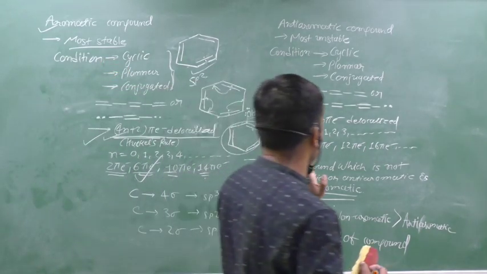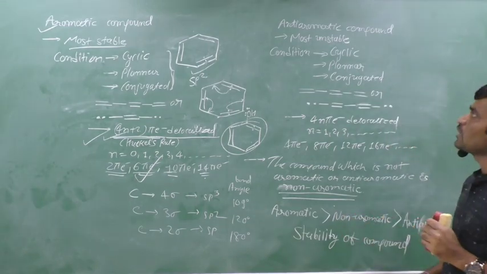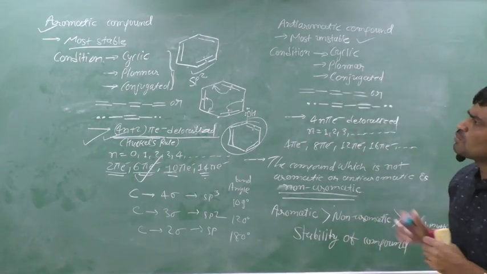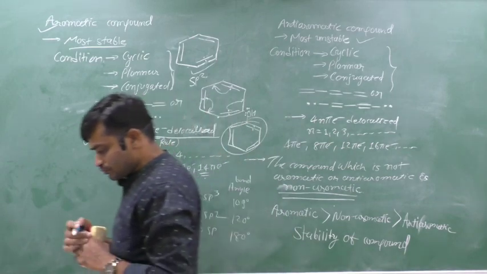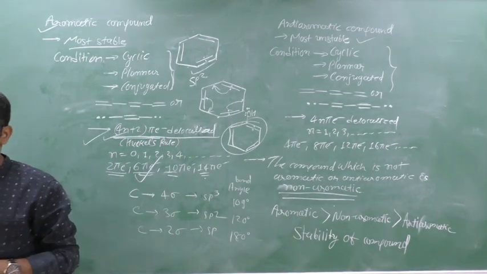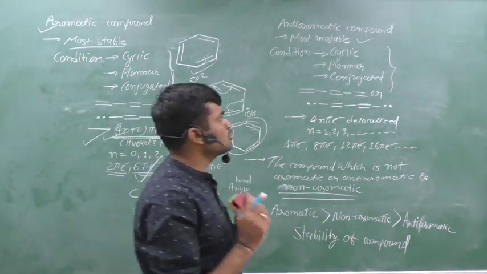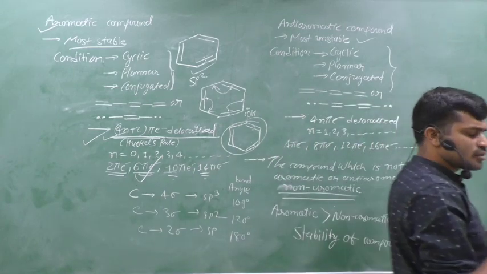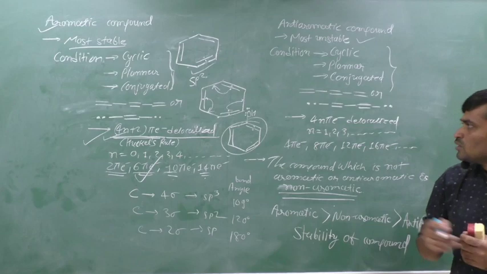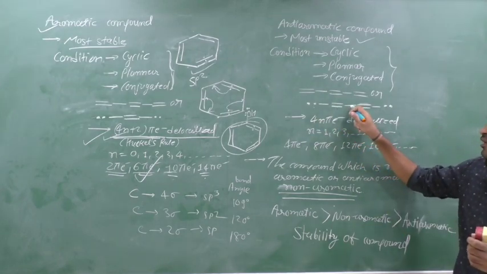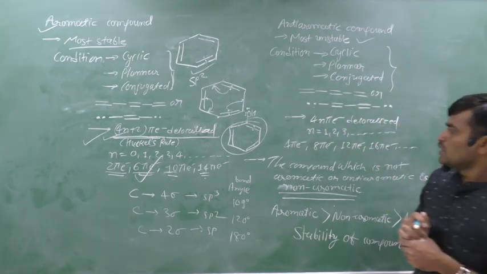Now if we think about anti-aromatic compounds, it is the most unstable, the least stable compound. The first three conditions are as they are: cyclic, planar, conjugated. Now what is conjugation? You know: single, double, single, double, or lone pair, single, double, whatever.